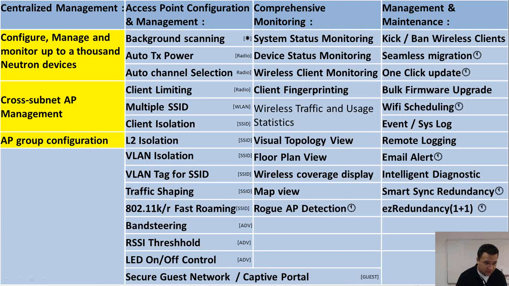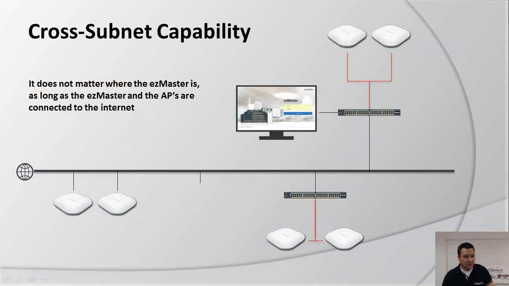Let's go to centralized management, and I will start with the cross-subnet capability. Please remember, as I mentioned before, it would be possible to manage access points directly by ezMaster software, but you will not have all the features available.